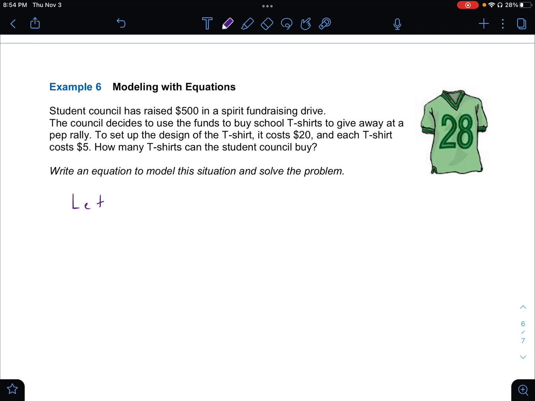We're going to let, in this case, T represent the number of t-shirts that the Student Council can buy.